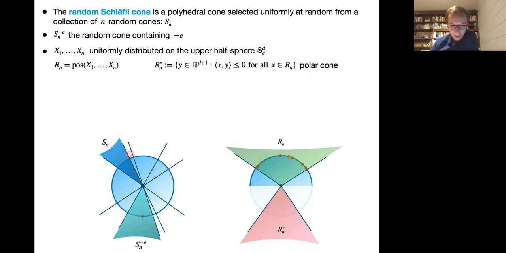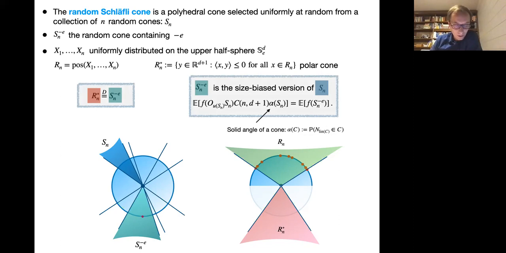And these are the four random cones that are extremely important for us because these random cones are related to each other as follows. The red cone here has the same distribution as the South Pole cone that you see here in the picture on the left-hand side.